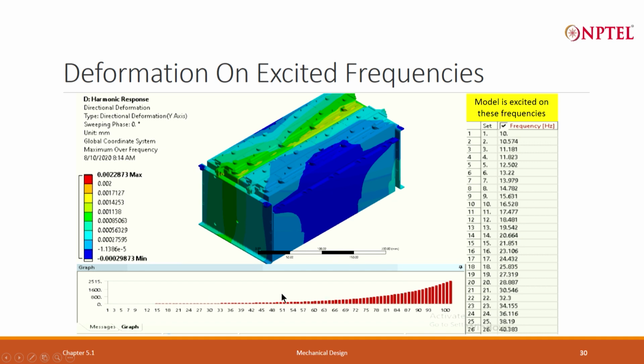We are not going for continuous frequencies. We are going either 1 by 1 octave or 1 by 3 octave. We are not selecting all the frequencies, we are selecting some particular frequencies by the octave method. And then we find the maximum deformation and the stress developed, because this is the stress which will tell us, against the allowable stress, whether my material is going to fail or not.